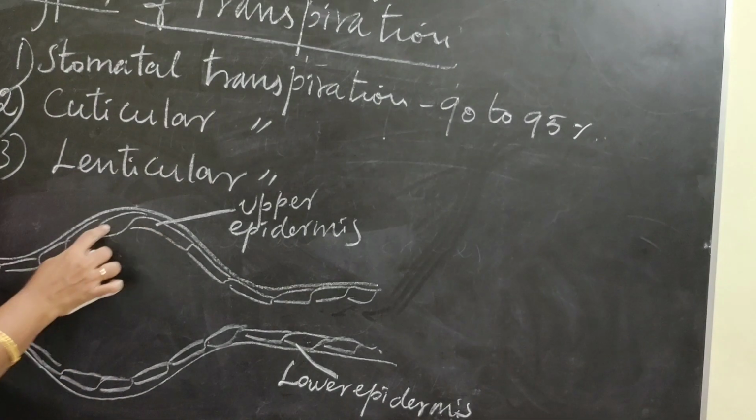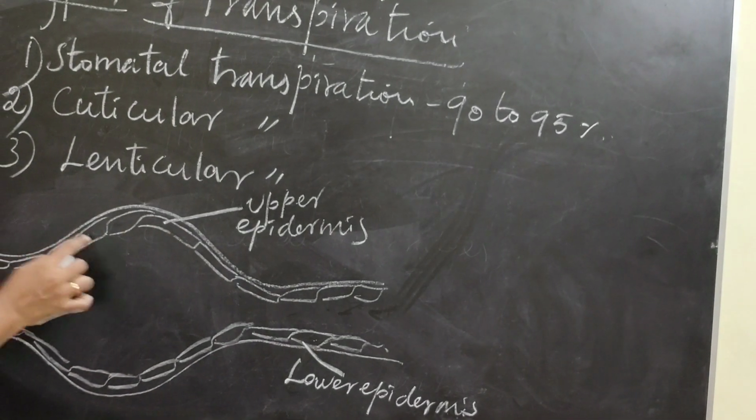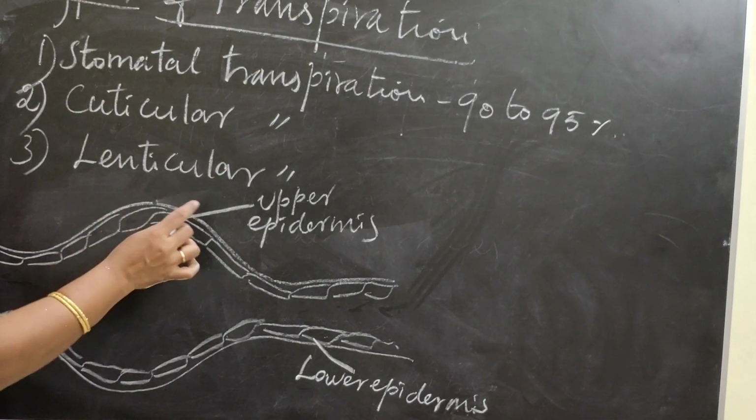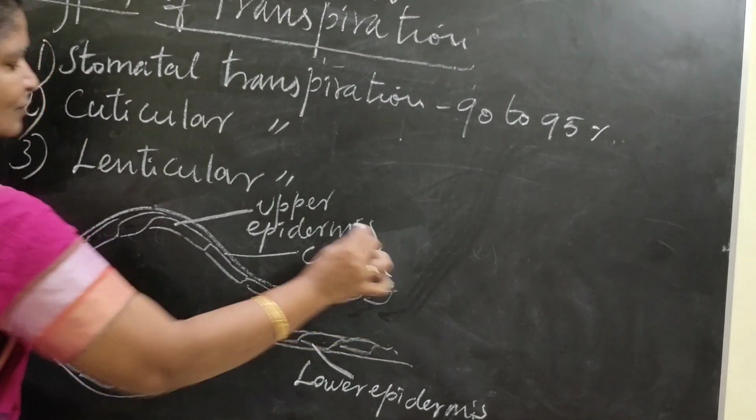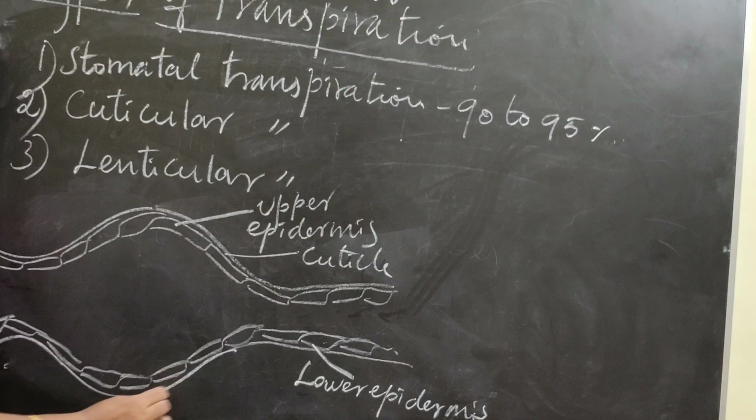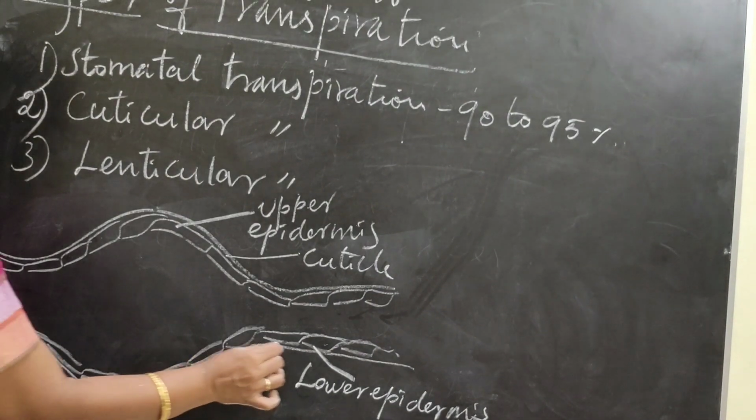This is made up of parenchymatous cells. Here you can see the cuticle. See the layer of cuticle. Here also cuticle.